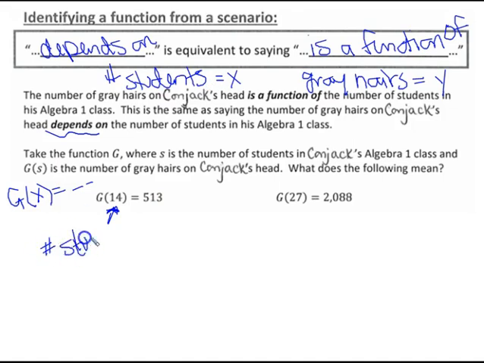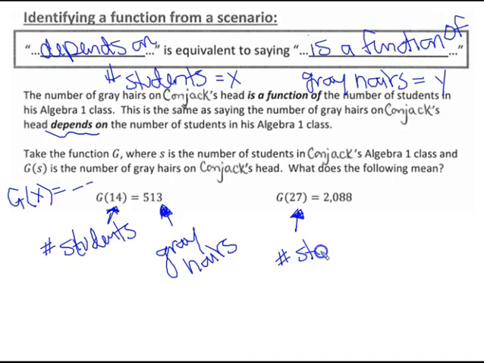So the 14 is representing how many students he has, which means if this is our output, after we know how many students we have, we should be able to know how many gray hairs he has. And that's what this output value is. Gray hairs. Same thing going on over here, independent variable always inside the parentheses. So we have number of students in this case, and we have gray hairs.